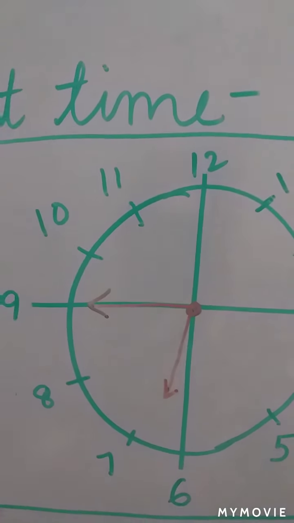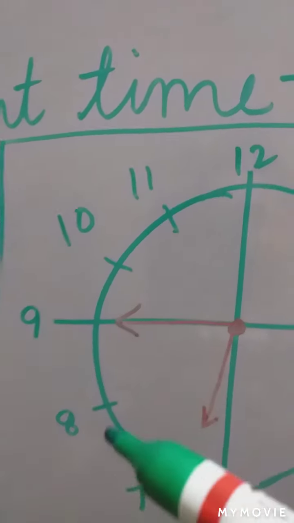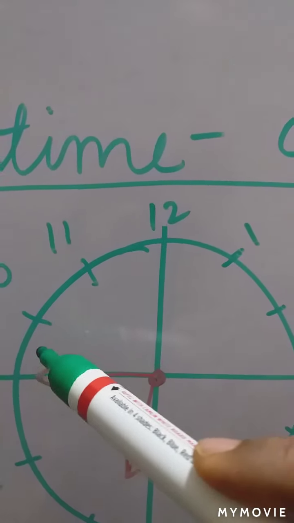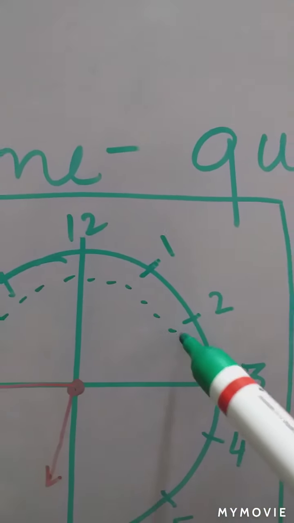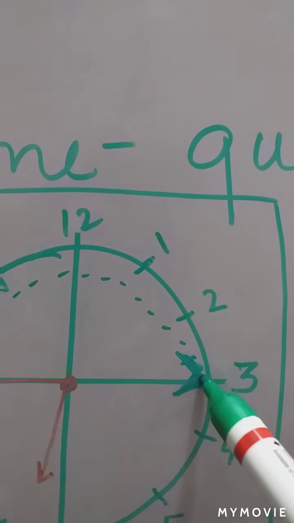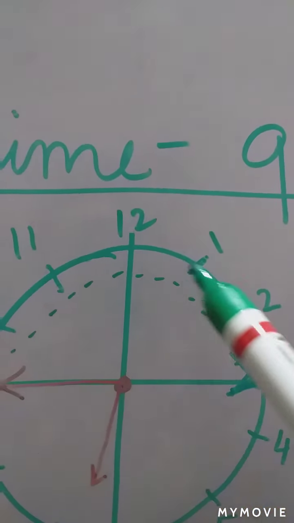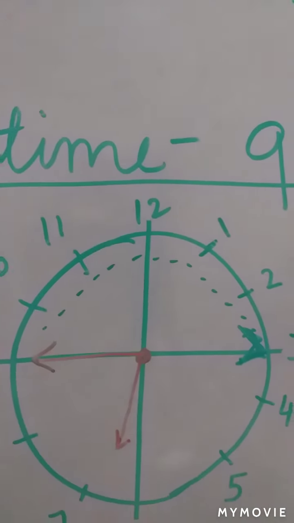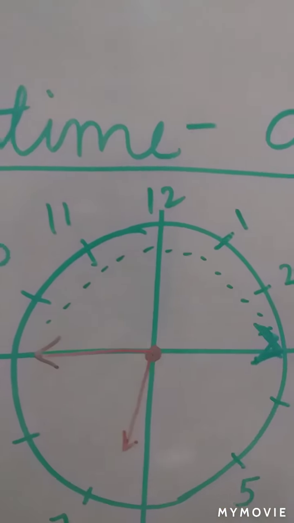Now it is half an hour late means half an hour move forward. This needle will move forward and come to 3. That will cover half an hour, half of the circle, half of the clock.